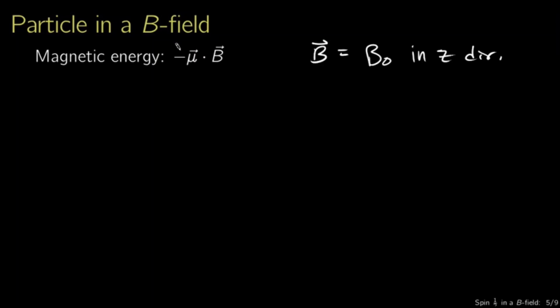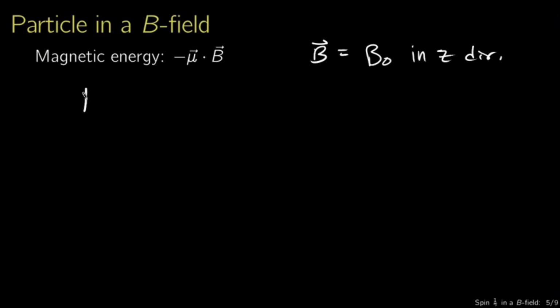The dot product then of our magnetic dipole moment, which you know is going to be associated with the spin angular momentum, since the magnetic field is only in the z direction, will pull out only the z component of the magnetic dipole moment. So I'm going to have an S sub z in this expression for the energy. Now energy, you've seen that before in quantum mechanics.